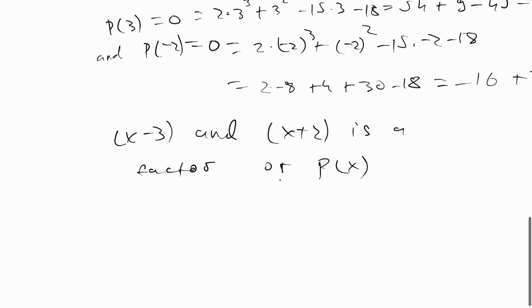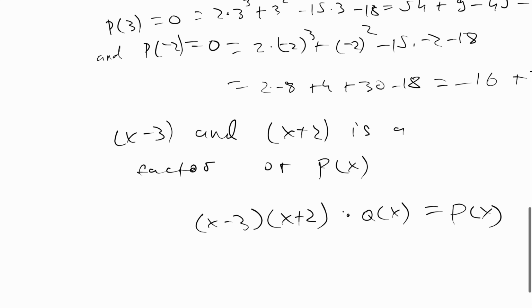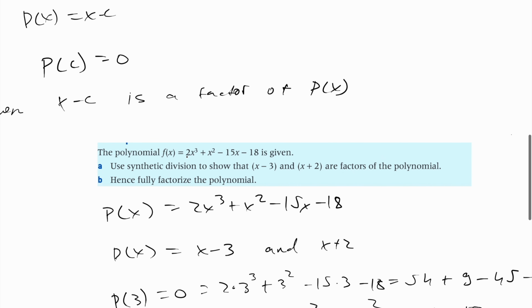But we can also write it like this. If they are factors of P of x, we can say x minus 3 multiplied by x plus 2 multiplied by some quotient will be P of x. Notice that we must have 3 roots because it is a polynomial of power 3.